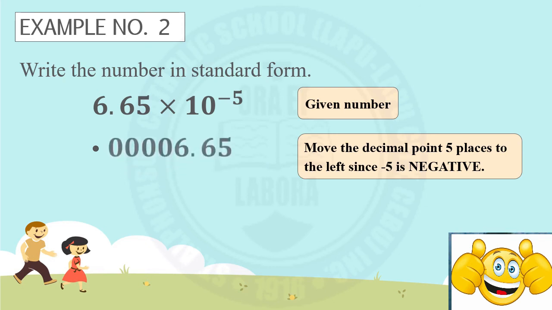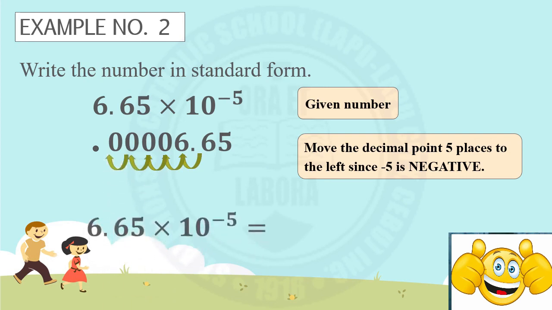So we'll move the decimal point 5 times going to the left. 1, 2, 3, 4, 5. And the result is 6.65 times 10 raised to negative 5 is equal to 0.0000665, and that will be our final answer.